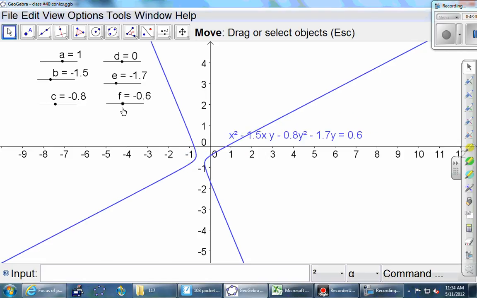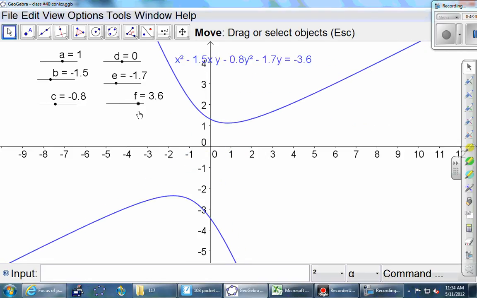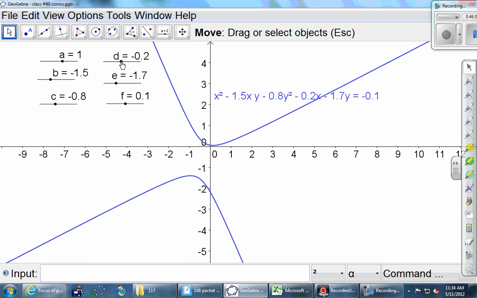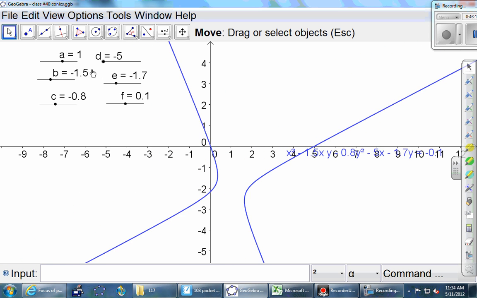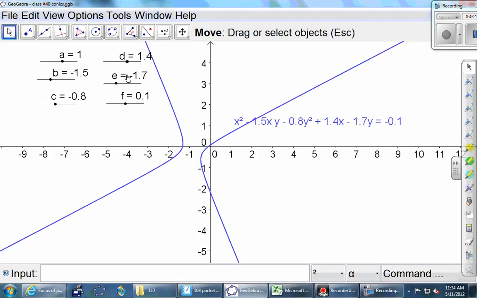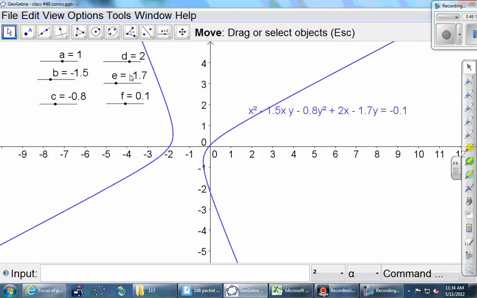So anyway, there's lots of stuff to play around with here. That violates the definition. So I guess, is there any way to get a parabola that is tilted?